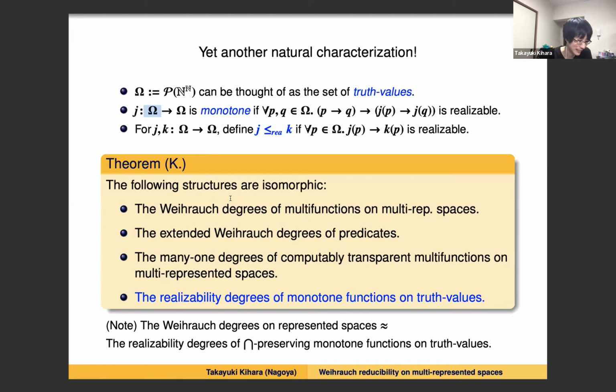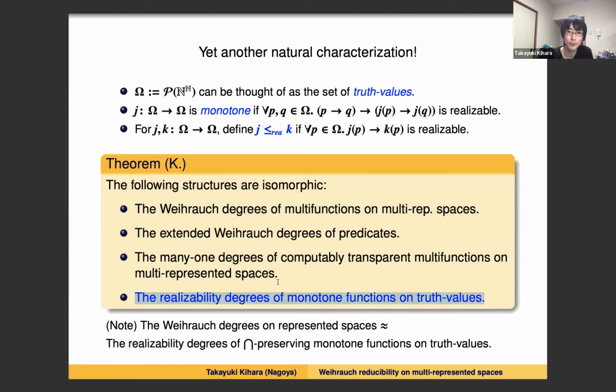So this is the main theorem, the final theorem in this talk. The realizability ordering on monotone functions is a very simple and natural concept. We can show that the Weihrauch degrees of multi-valued functions on multi-represented spaces are isomorphic to the realizability degrees of monotone functions on truth values.